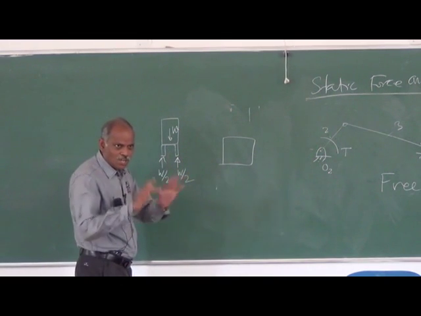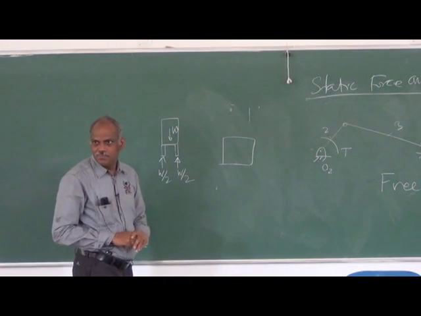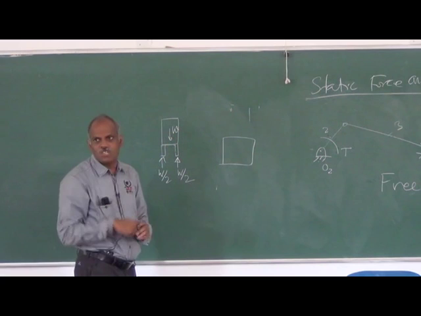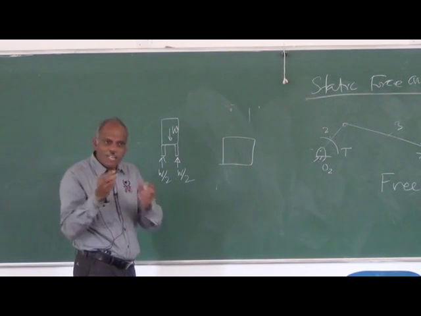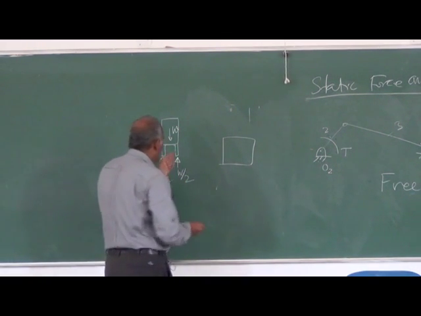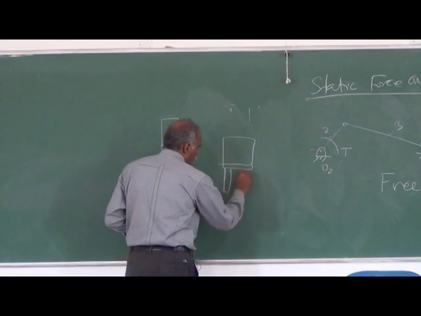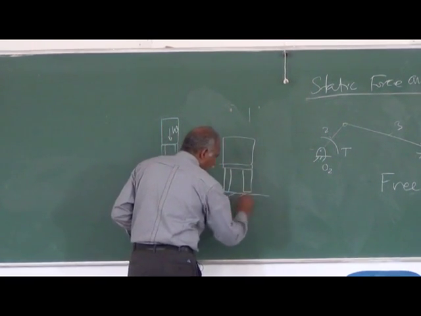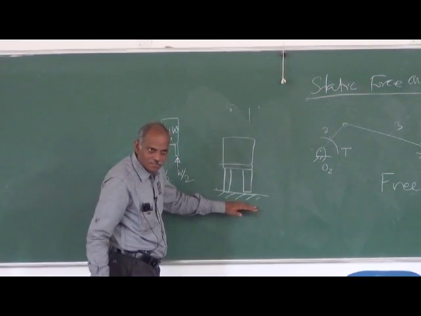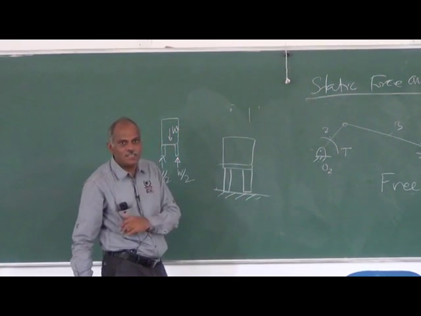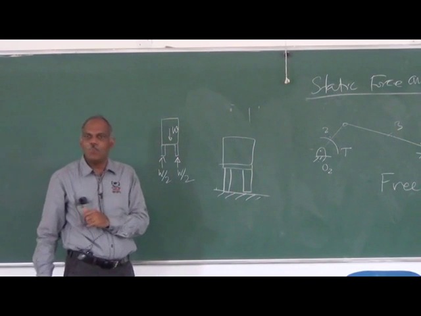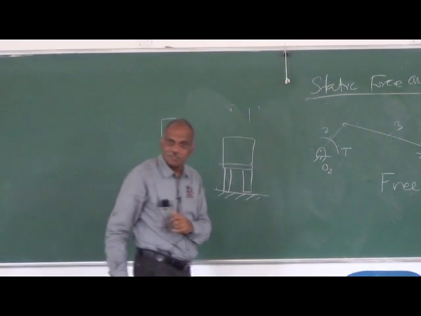So when you draw the free body diagram, show the active forces and replace the constraints. If it is a normal chair like this, on the ground, this is a constraint. This constraint is to be replaced by appropriate reactions.